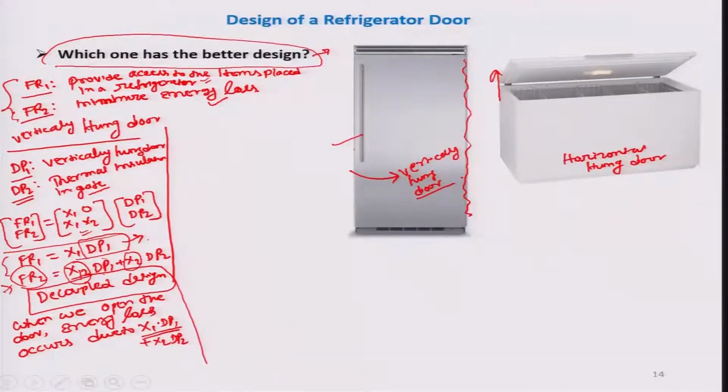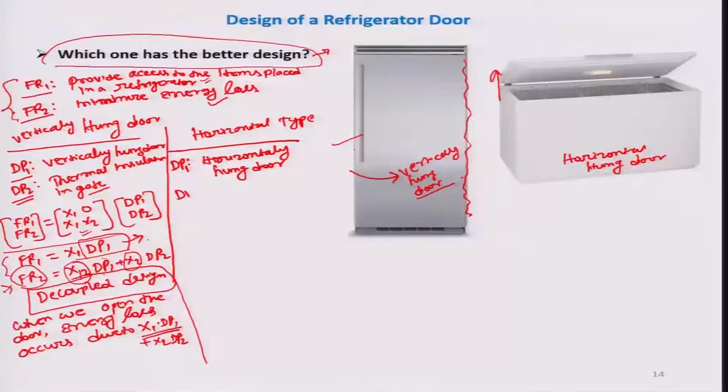So, in case of a horizontally hung door, horizontal type, here design parameter 1 is the horizontally hung door and parameter 2 is thermal insulation.